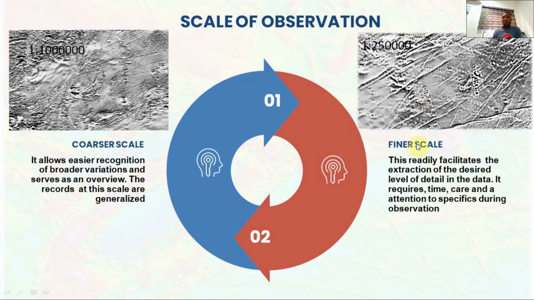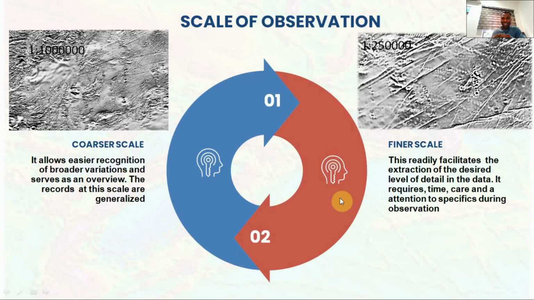So this is the fine scale. It readily facilitates the extraction of the desired level of detail in data, but it can require time, care, and attention to be specific during observation.